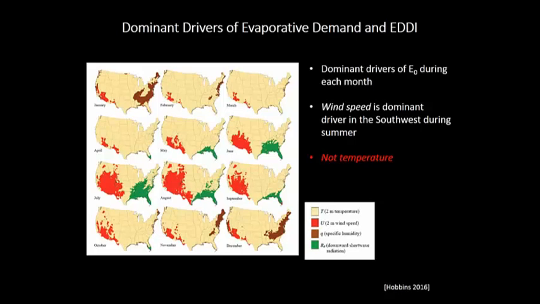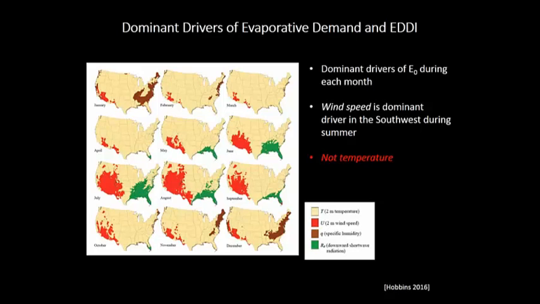And so this is really important. If you go across, we have January, February, March, we have all 12 months there listed. But if you look at the summer months, June, July, August, September, even October, in the Southwest and other parts of the West, that's all showing red, meaning that wind speed is the dominant driver and contributing the most to the evaporative demand, and not temperature.